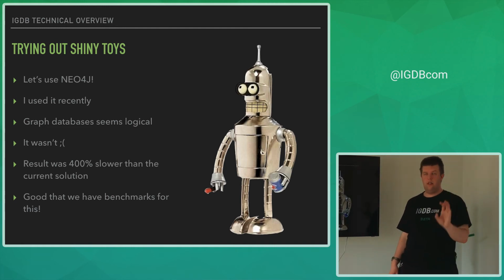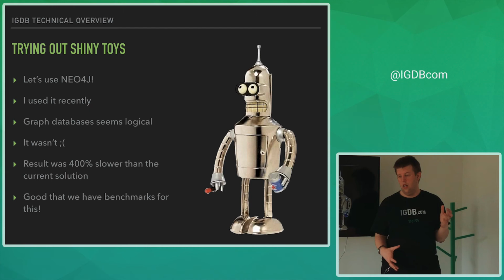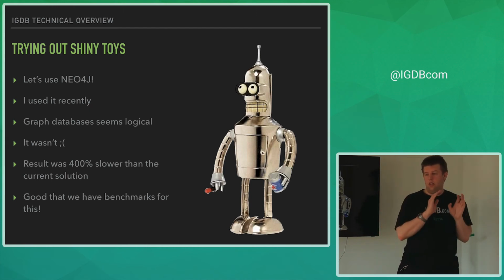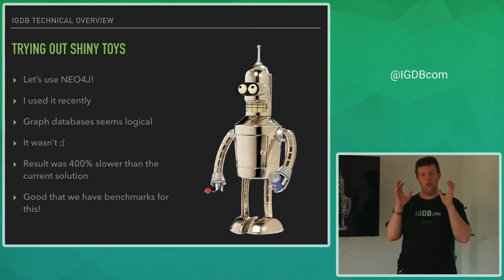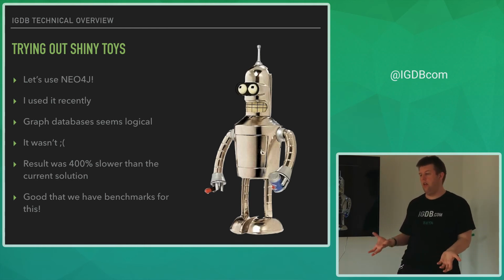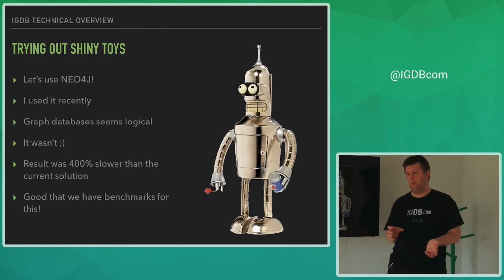So we tried out our new shiny toy, the latest one. Let's use Neo4j. And the reason was that I used it recently, and a graph database seemed super logical for this kind of problem.